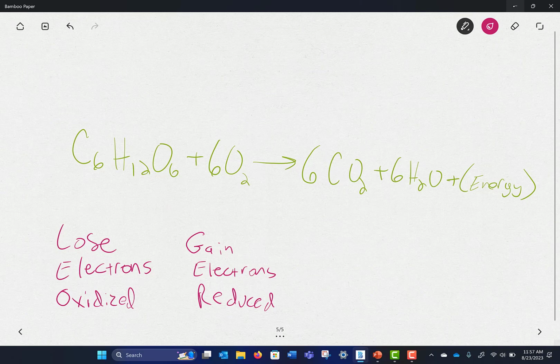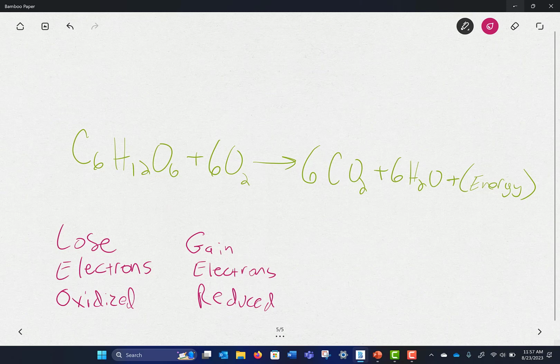So, this is a redox reaction. The C6H12O6 plus 6O2 leads to 6 CO2 and 6 water. But if we're talking about gaining and losing electrons, where are the electrons? They're hidden. And that doesn't really help us very much in biology.